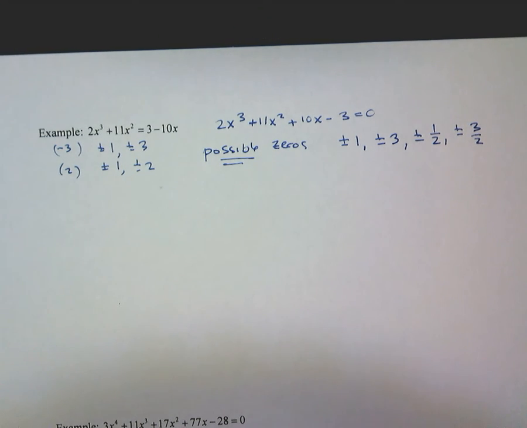Now, to save us time, usually the first day I'd have students go through this and do the synthetic division and try to discover how to find it. And then the second day I would say, okay, let's use a calculator. So we're going to just go right to the calculator.